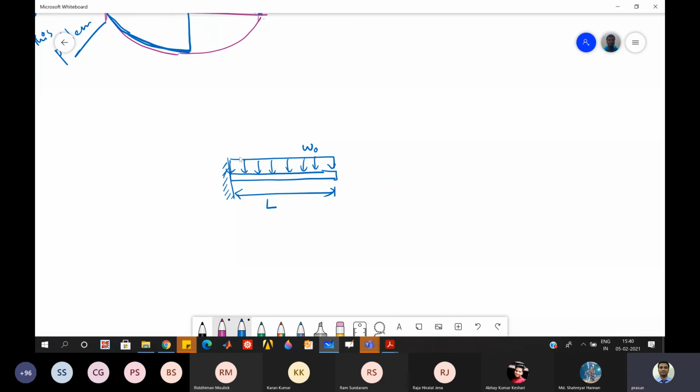Many times we say that you convert this UDL to an equivalent force and try to find the reactions and all.